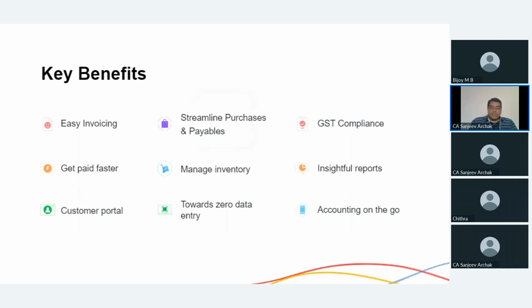And of course, Zoho comes with a wonderful tool called Zoho Inventory, which will allow you to manage your inventory. There are about 70 odd reports which you can access in the report section, which will give you vital information about your business. One of the most important features within Zoho Books is the automation of the data entry process.